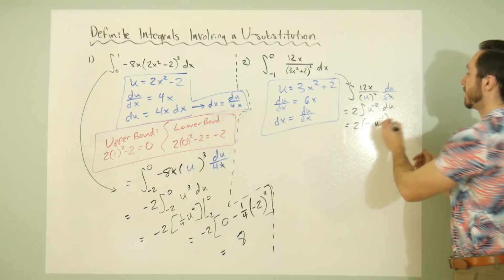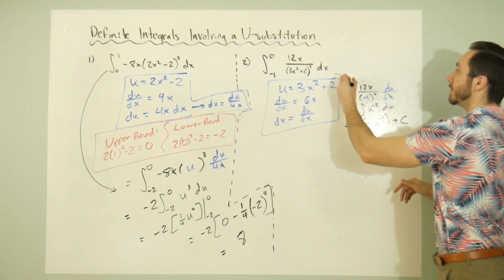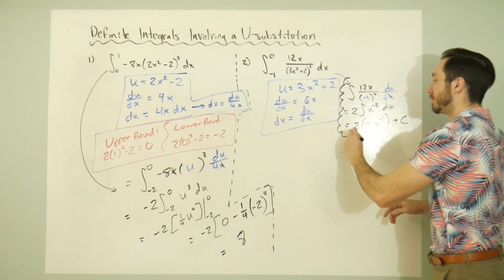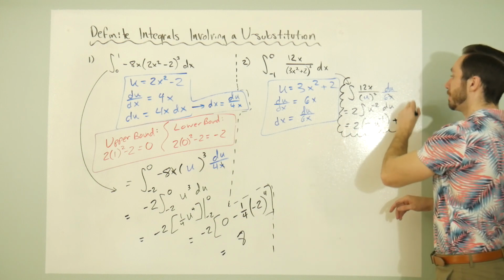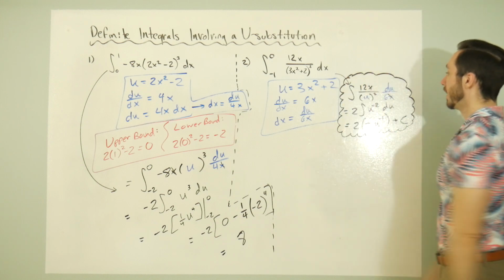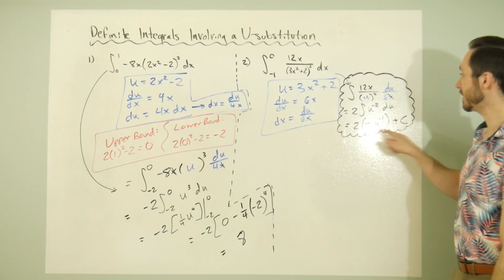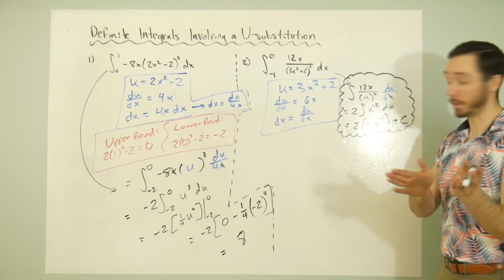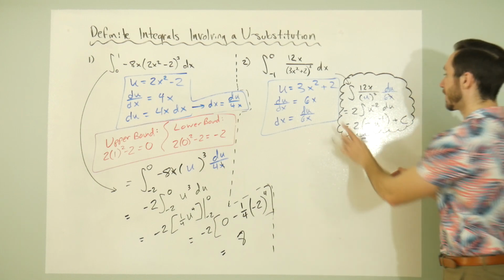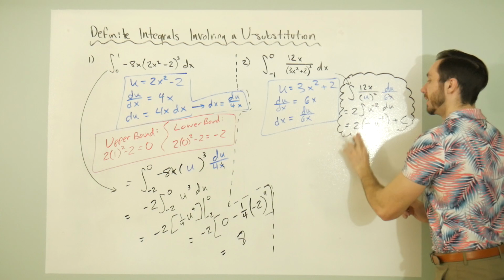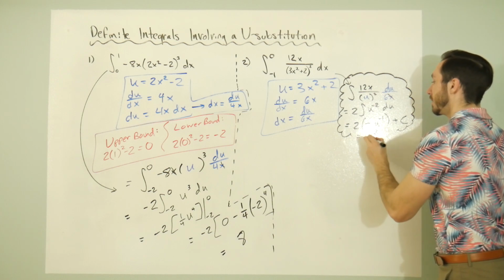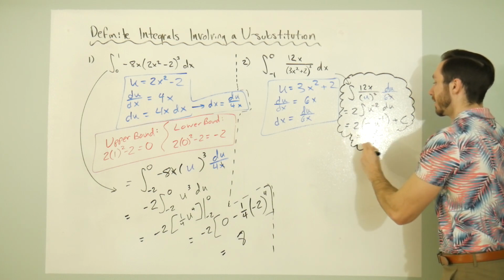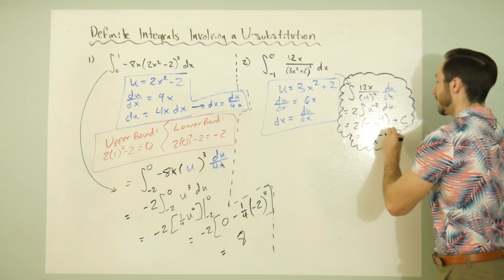And since it's indefinite, just for the sake of being as mathematically correct as possible, I borrowed this really quickly. So this expression right here is negative 2 over u. Actually, I should have done that because that looks prettier, right? There we go. And then sure, plus c.